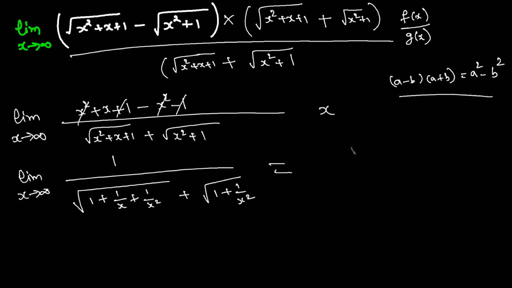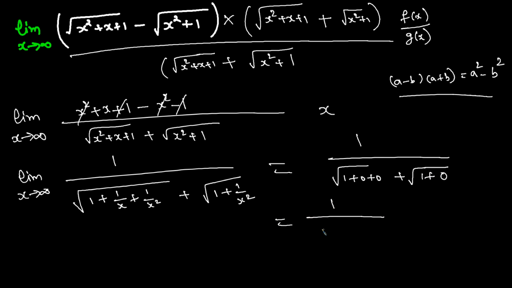As x approaches infinity, we get the square root of 1 plus 0 plus 0, plus the square root of 1 plus 0. Therefore we get 1 over 1 plus 1, which is 1/2. So that's the limit of this function as x approaches infinity.